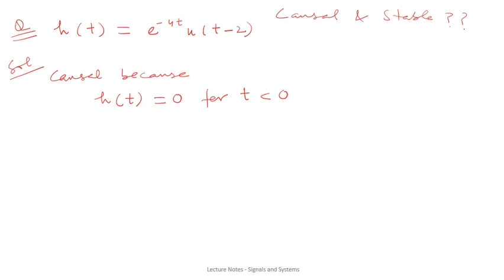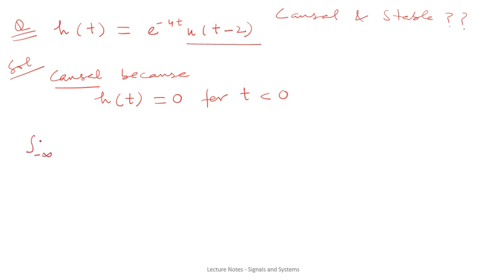When we were discussing the property of causality in terms of the impulse response, we had seen that if this h(t), that is impulse response, is 0 for t less than 0, then the system is causal. Since the u(t minus 2) is attached here, obviously this will be 0 for t less than 0, and that is why we have written directly that this system is a causal system.